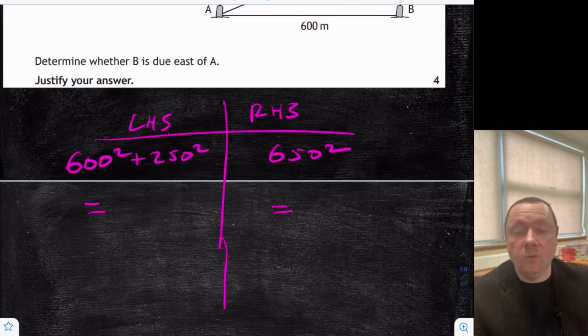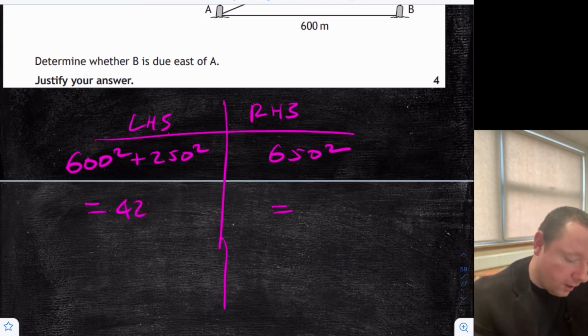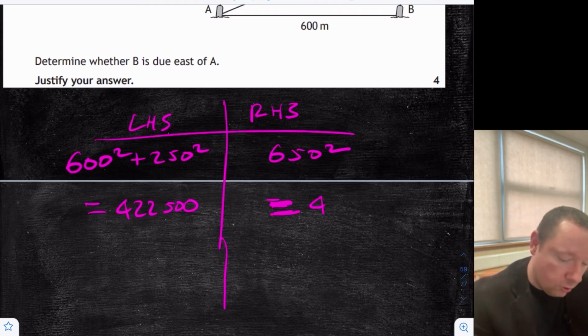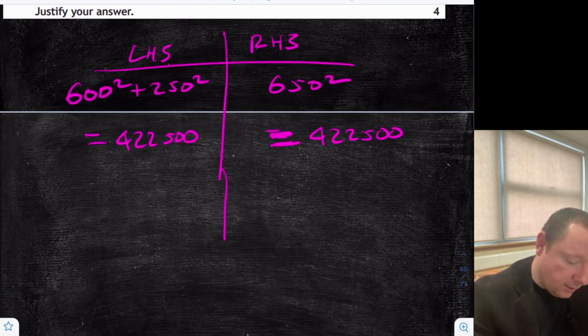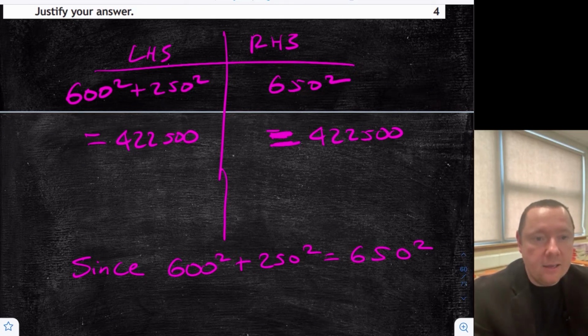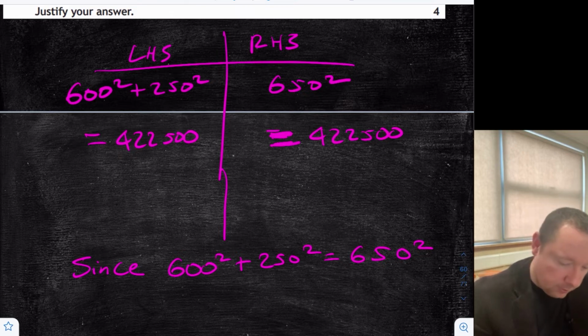So the first sum gives us 422,500, and 650 squared, if you work that out in a calculator, also gives you 422,500. So then you can say, since 600 squared plus 250 squared equals 650 squared, then the angle is a right angle.